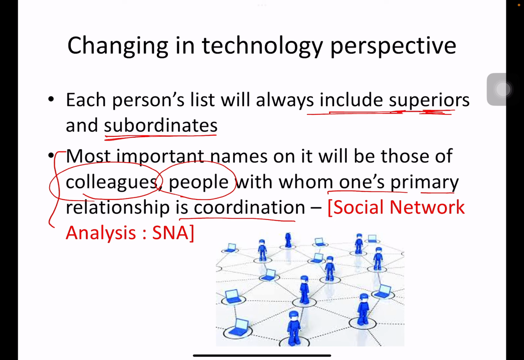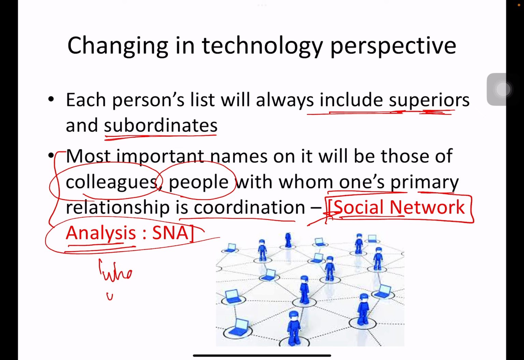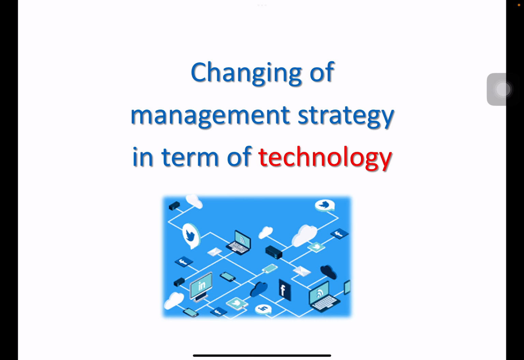Some of them might be superiors, some of them just subordinates, but there is a relationship among us. On that concept, we call it social network analysis, where we get to know who and whom use that information.